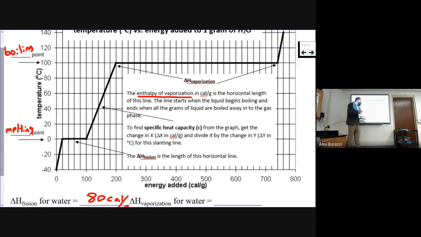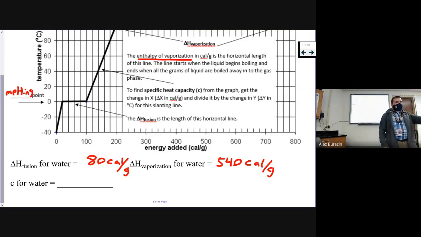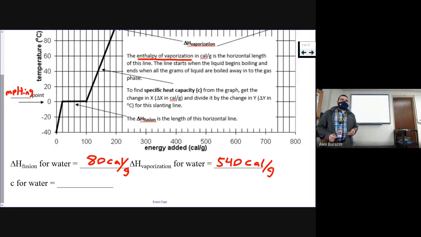What that means is it takes 540 calories for every gram to boil water. If I would like to boil my pure liquid water into pure gaseous steam, I need to add 540 calories per gram. If I have 100 grams, I need to add 54,000 calories. You get the idea.